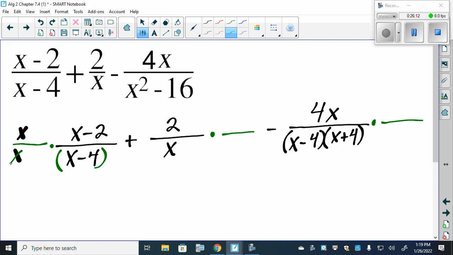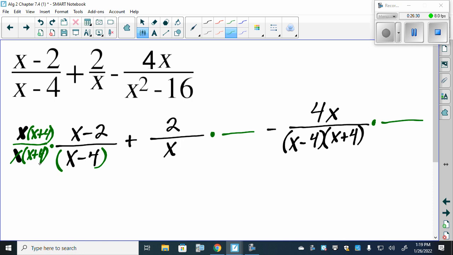So we would also need to multiply this by x plus 4. Over here, plus 4. Yeah, had a little difficulty in writing that.